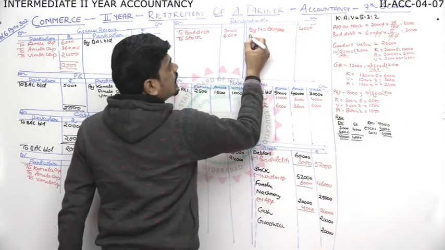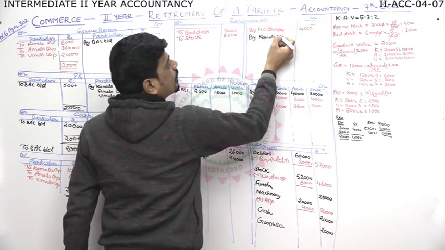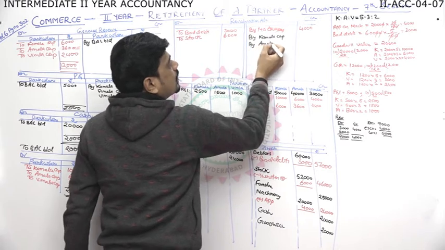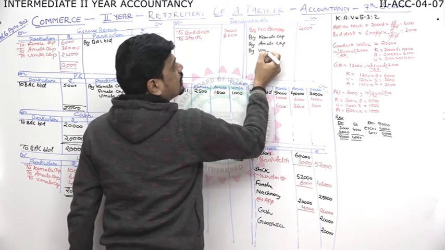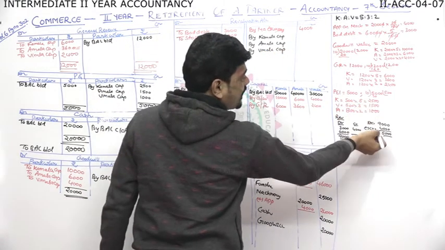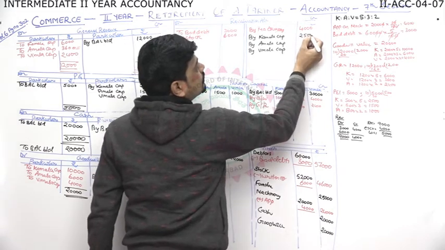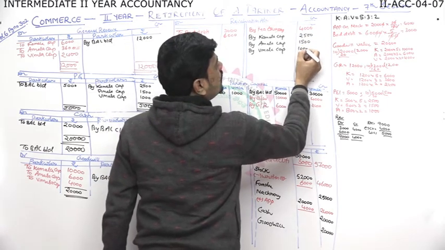So here I'll write by Kamala capital, then by Amala capital, then by Vimala capital. We know 5,000 which we divide. We got 2,500, 1,500 and 1,000.